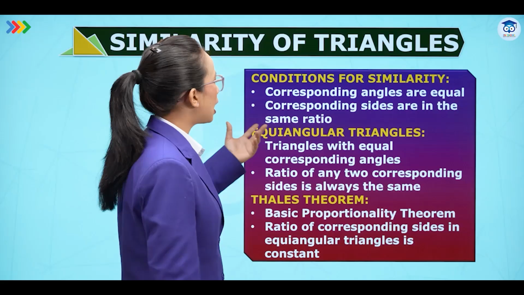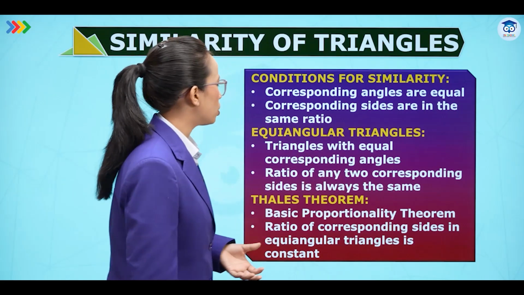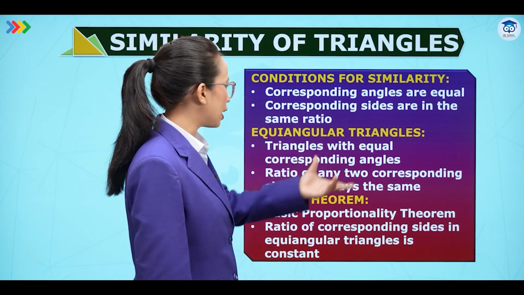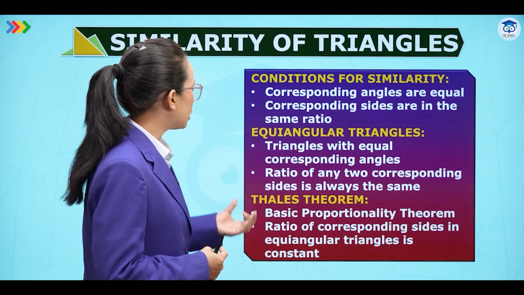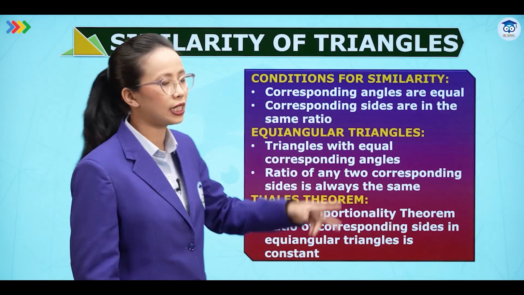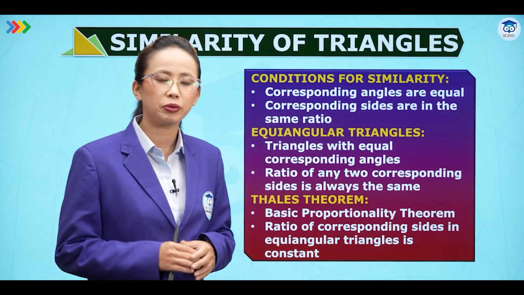Then the corresponding sides are in the same ratio. For equiangular triangles, all the corresponding angles have the same measure, and the ratio of any two corresponding sides is always the same. And then there is the basic proportionality theorem, a very important theorem that we are going to learn.